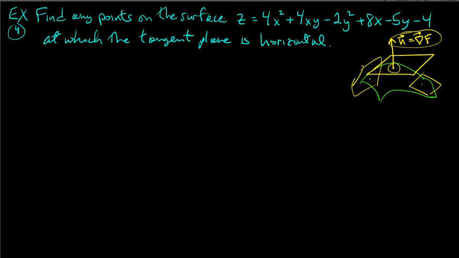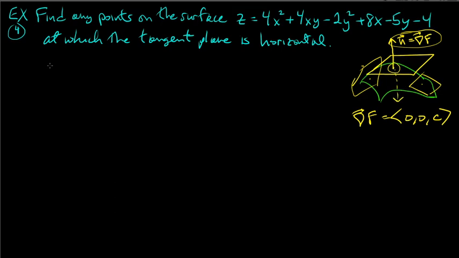So we need to take the surface, take the gradient, and then figure out where that gradient is 0, 0, C. So where A and B are both 0. C could be positive or negative, it can be pointing downward too, just upward or downward.